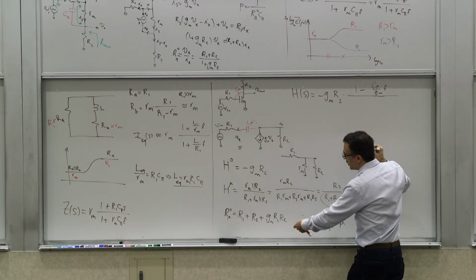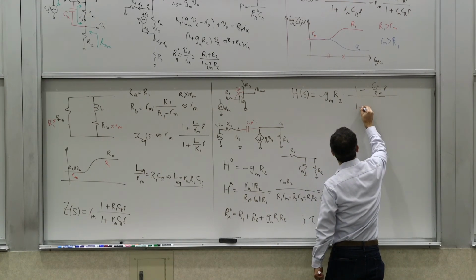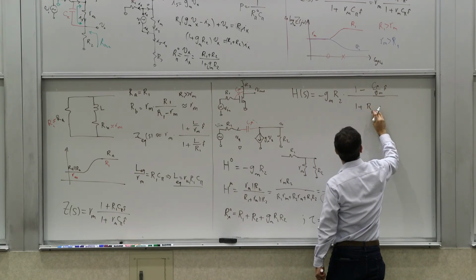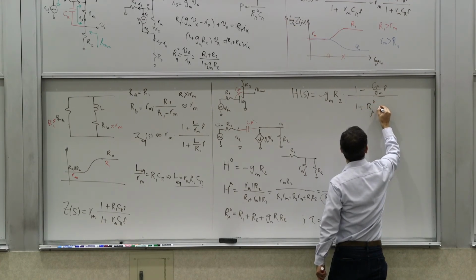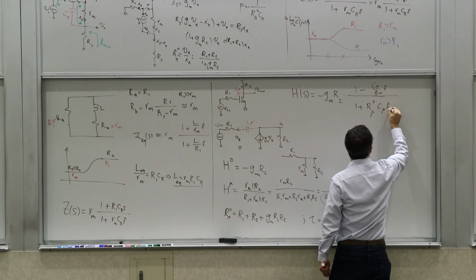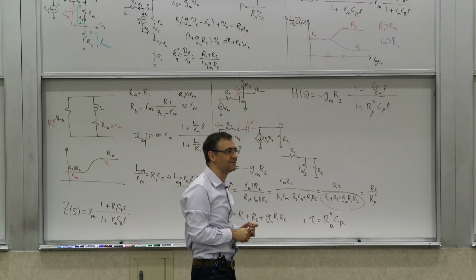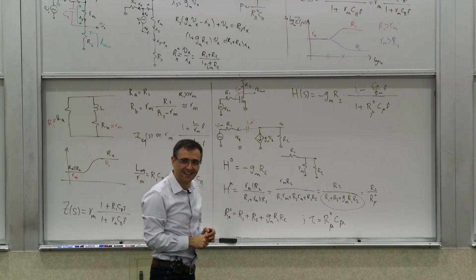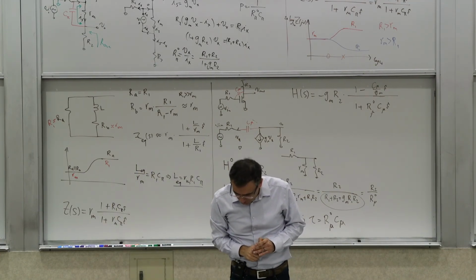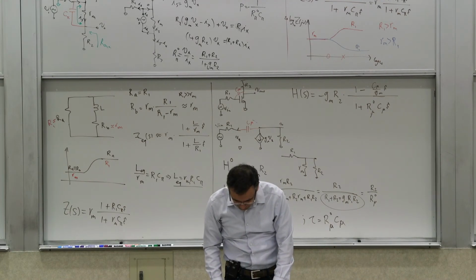And in the denominator, you have 1 plus tau, which basically is R mu 0 C mu s. Right, so that's basically what it would be.